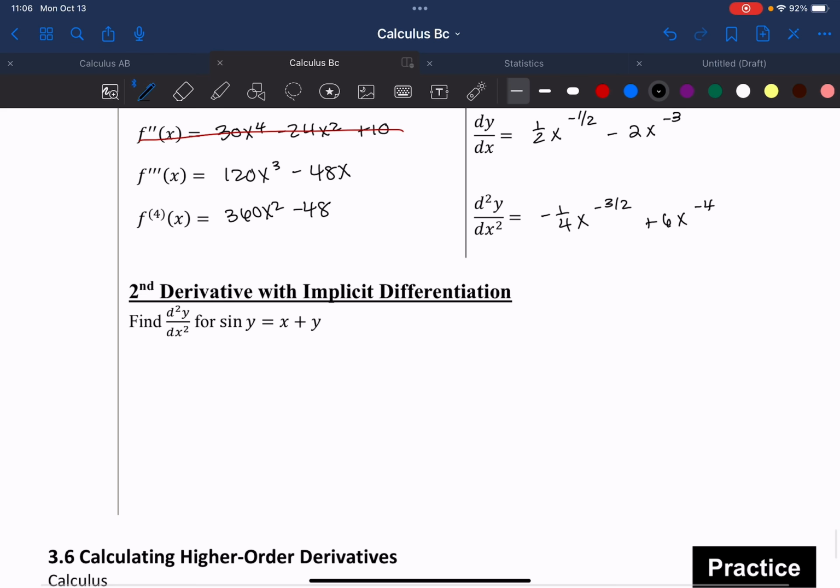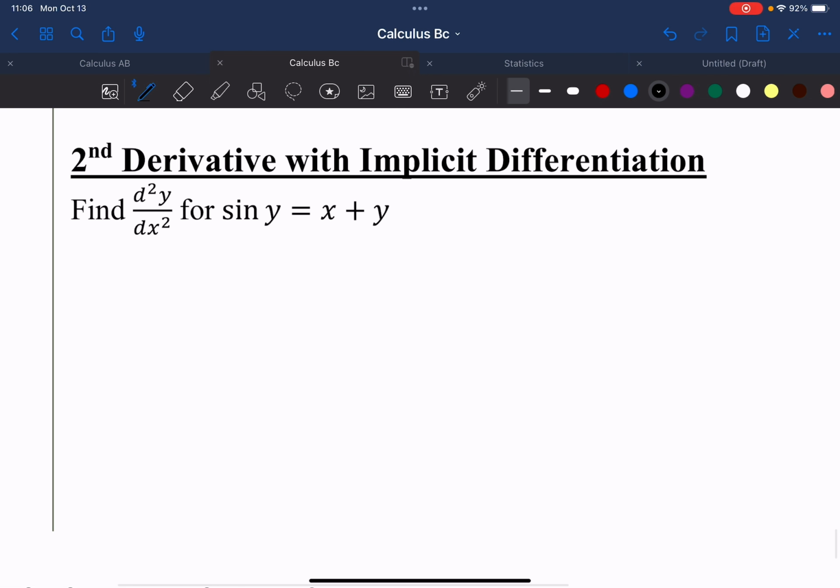Now what if it wants us to find the second derivative with implicit differentiation, which means we are taking the derivative with respect to y. So we have sine y is equal to x plus y. To take the derivative, this would be cosine y dy dx is equal to 1 plus dy dx.